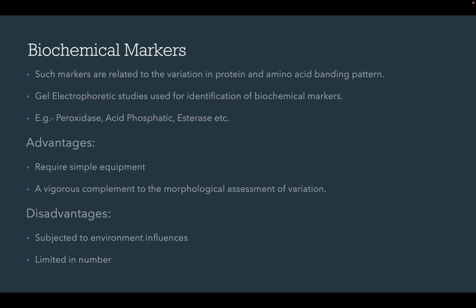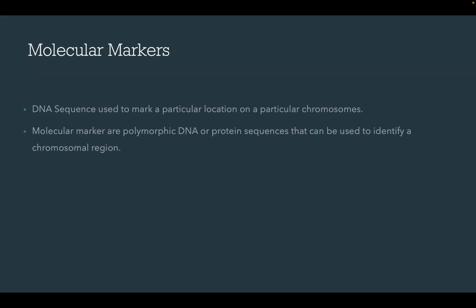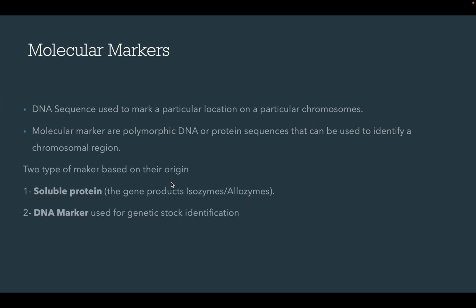And now we go to the molecular markers, which are very important. They are mostly focused on the gene sequence, and they are mostly used to identify the difference between individuals. Molecular markers are basically DNA sequences which identify the changes in the DNA or the protein sequence within the chromosomal region.